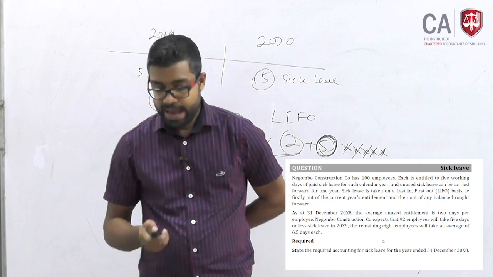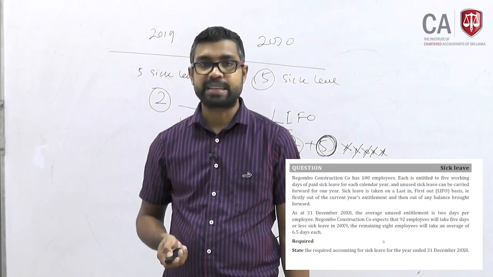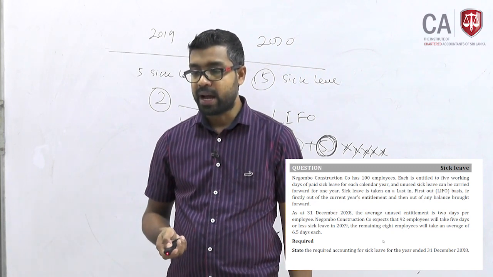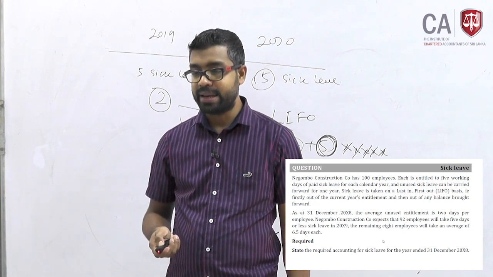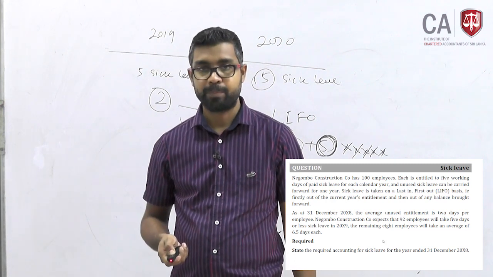Look at now. At the end, on 31st December 2018, the average unused entitlement is 2 days per employee.